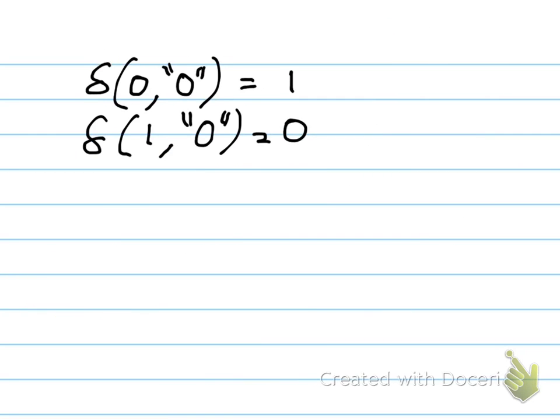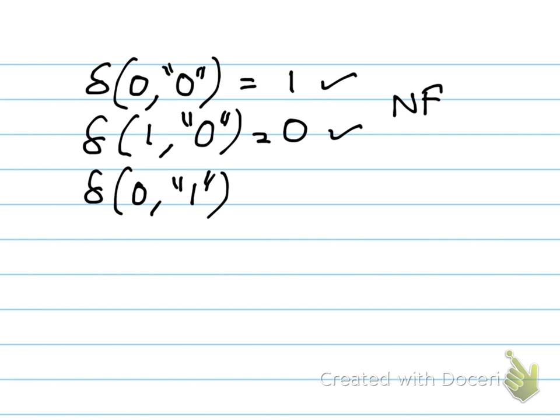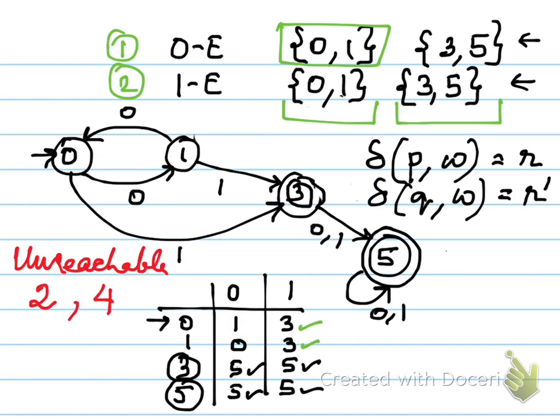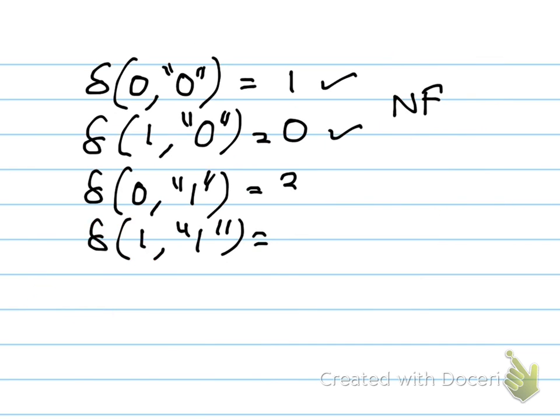So state 1 and state 0 both are non-final states. Same way, if we take the second input symbol, that is 1, then 0 on 1 goes to 3 and 1 on 1 also goes to 3. So this is 3 and 3.